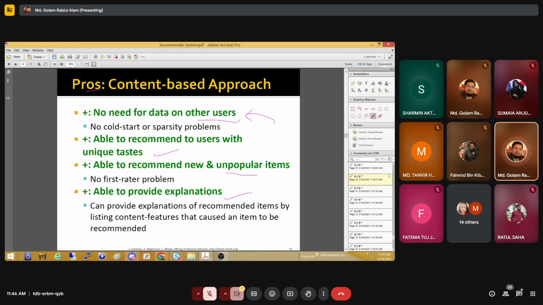That means it is easy to explain why this item is recommended: because it is similar, that's why we are recommending.